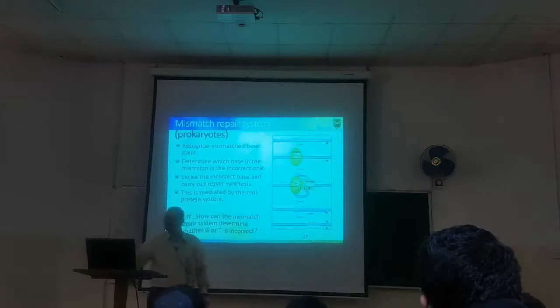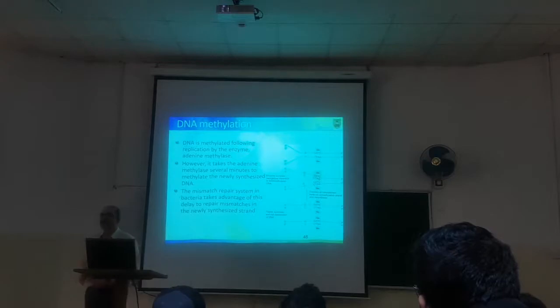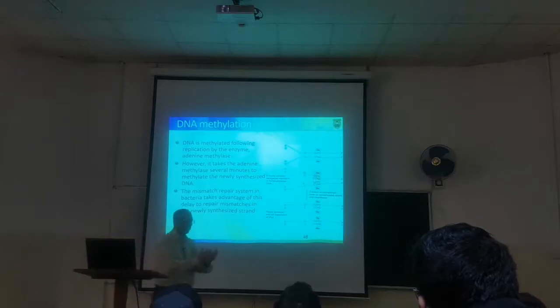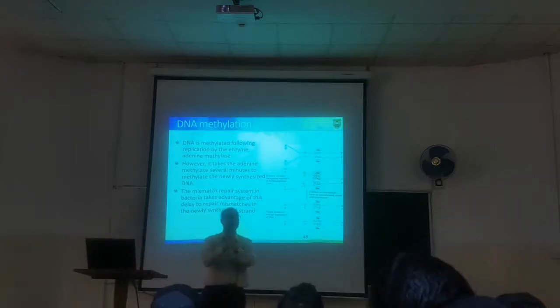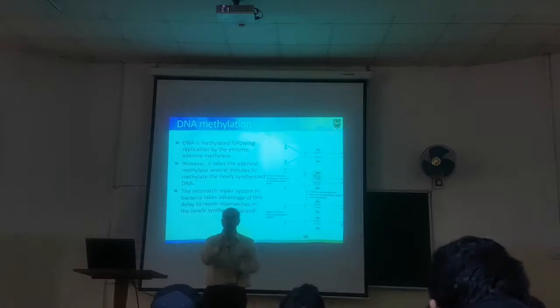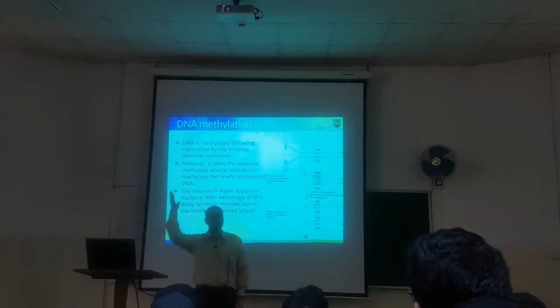The mechanism in bacteria is methylation. DNA is methylated at adenine by an enzyme known as adenine methylase, and both strands are methylated at adenine. When DNA is replicated, you have one strand that is methylated, and the other strand is not methylated.